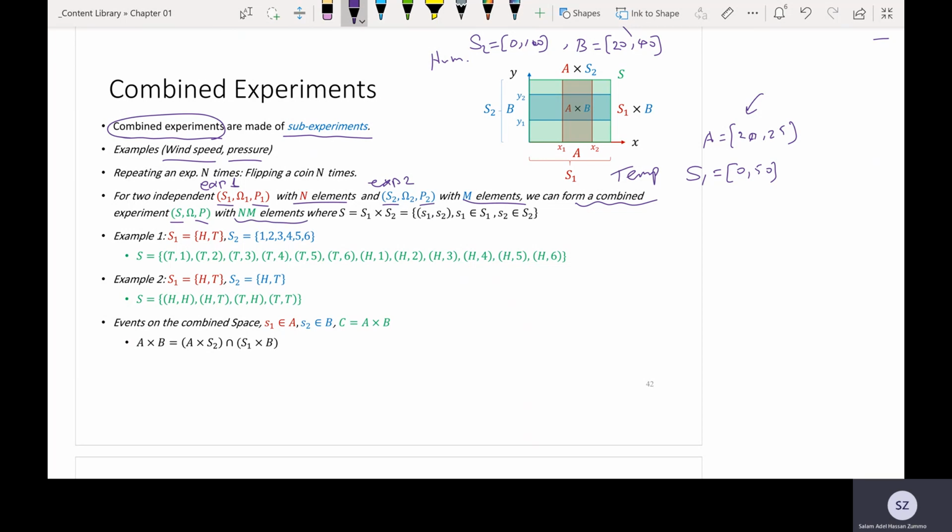N multiplied by m. This is the total number of elements in S, the combined sample space.